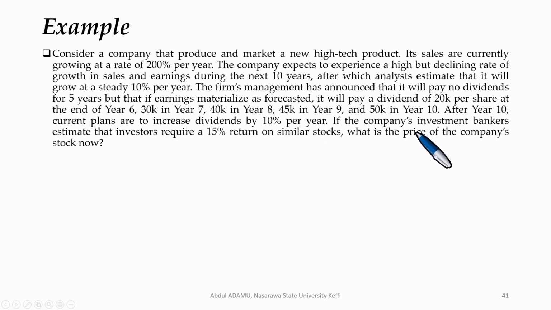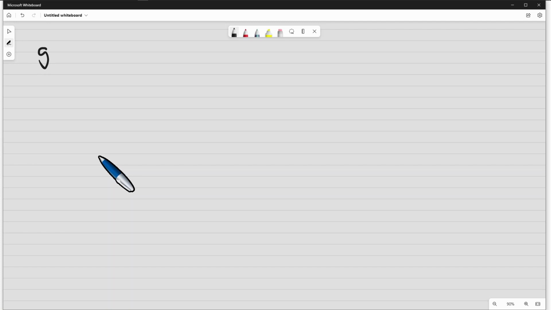If the company's investment bankers estimate that investors require 15% return on similar stock, what is the price of the company's stock today? The growth rate after 10 years is going to be 10%. Dividend from year 6, D6, is 20 kobo. D7 is 30 kobo.